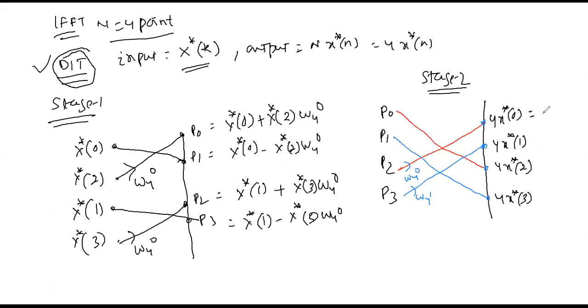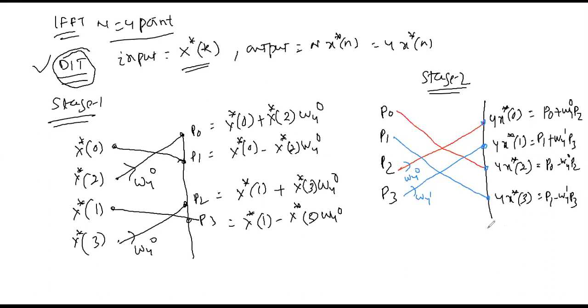This is P0 plus omega 4 0 P2, and P1 plus omega 4 1 P3, then the two minus: P0 minus omega 4 0 P2, and P1 minus omega 4 1 P3.